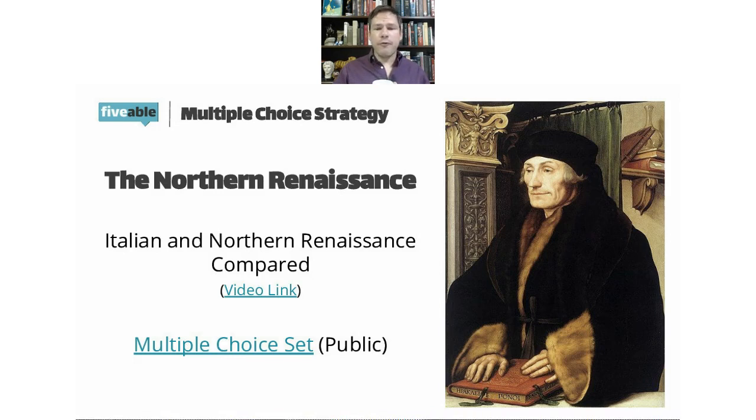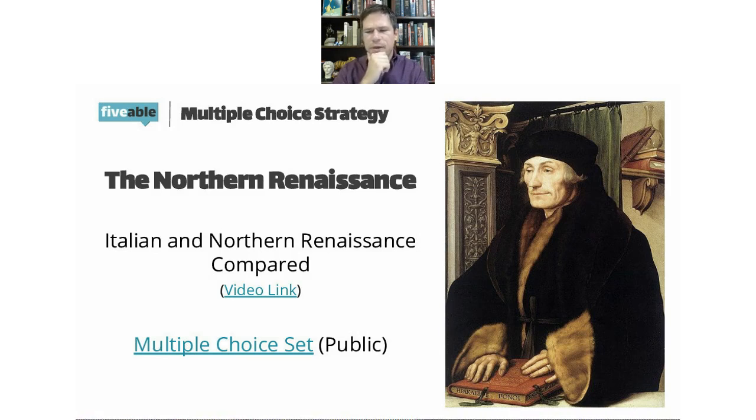All right, so let me go ahead and show you some things here. Now, the Northern Renaissance. In AP European history, one of the key concepts is that the student needs to understand the Northern Renaissance. I've got a video, and of course we'll send you the slides with all the links working.